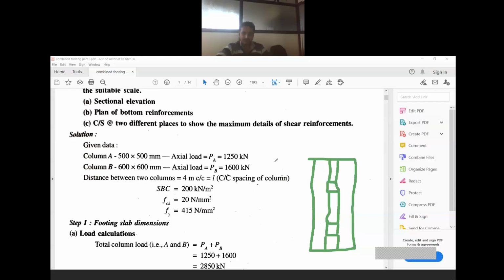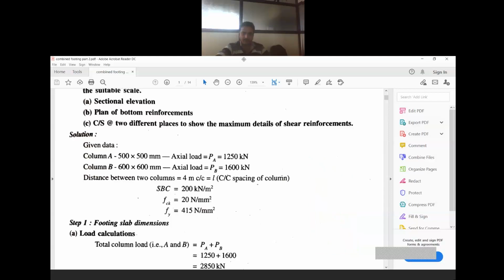If I look at the cross section at the column, this is the foundation depth above which a beam is there, through which your columns are placed. Did you all get the imagination?